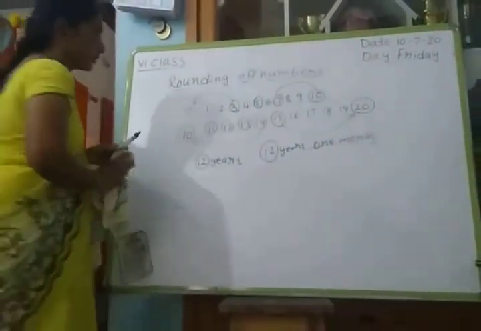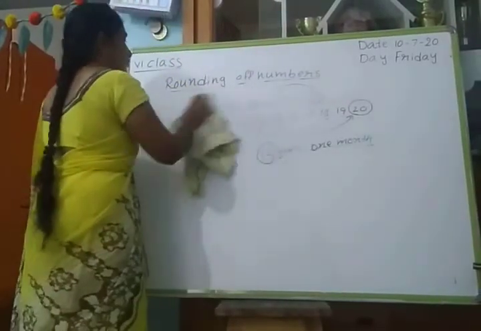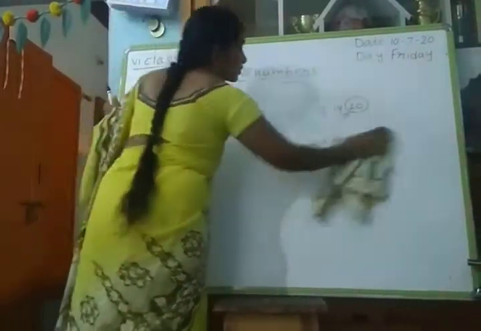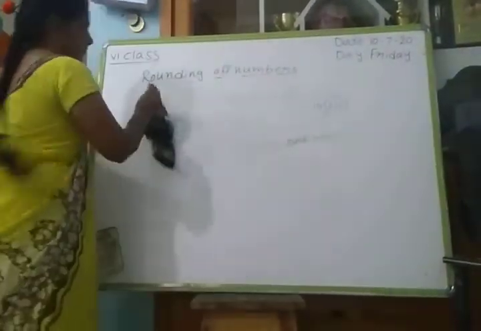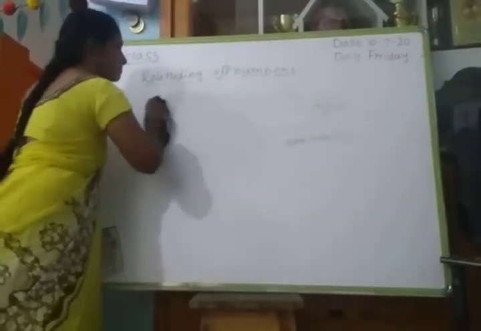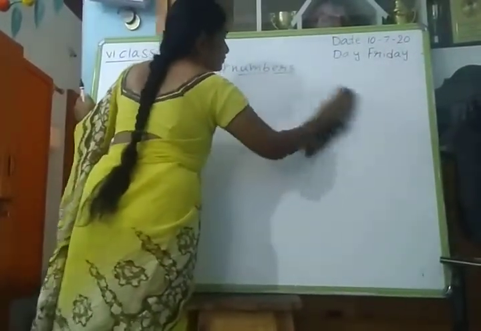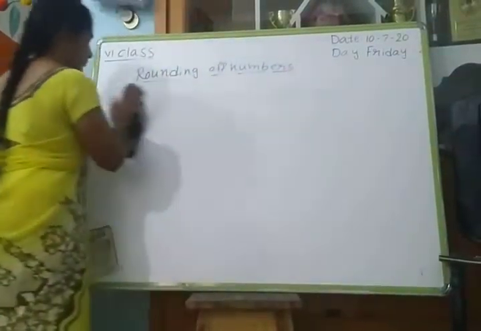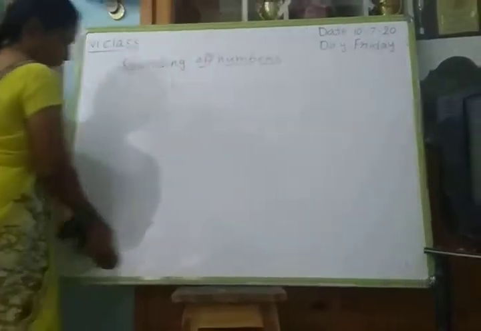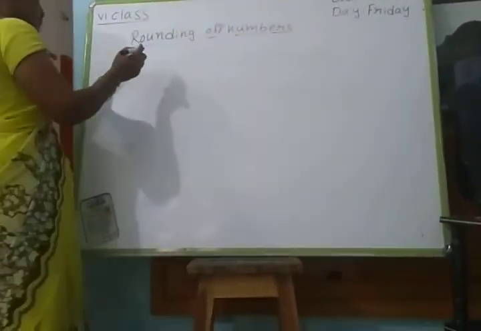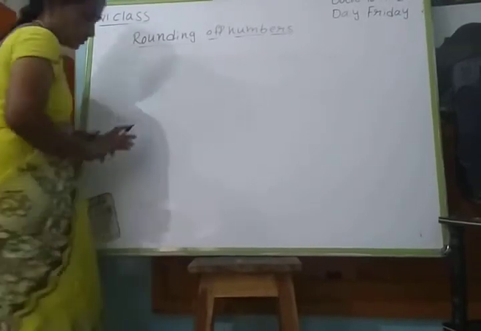We have so many methods of rounding numbers. First, rounding of numbers nearest to tens.